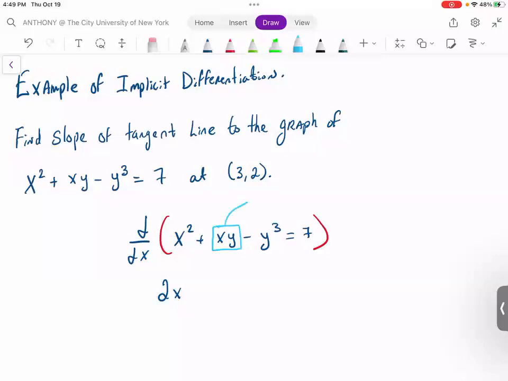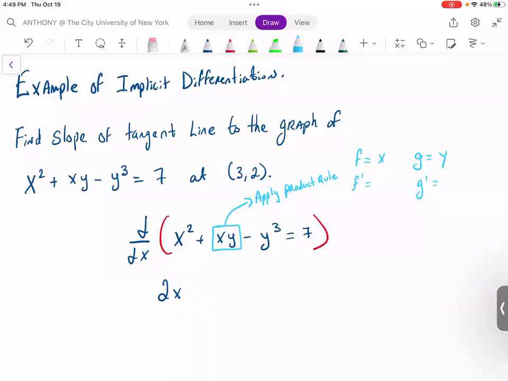So here you apply a product rule. By your product rule, you need to define your f and g. So let f be equal to x and let g be equal to y. Now, remember, you're taking both of these derivatives with respect to x.